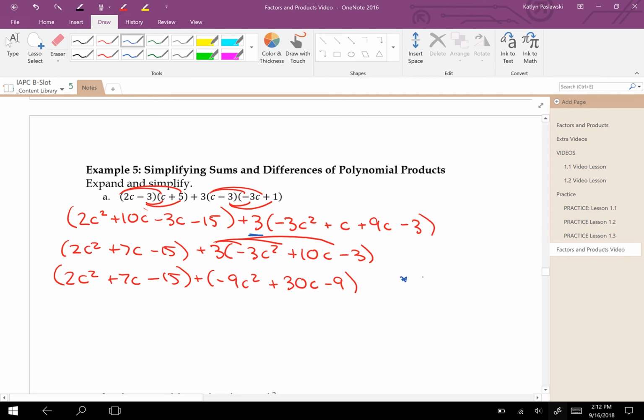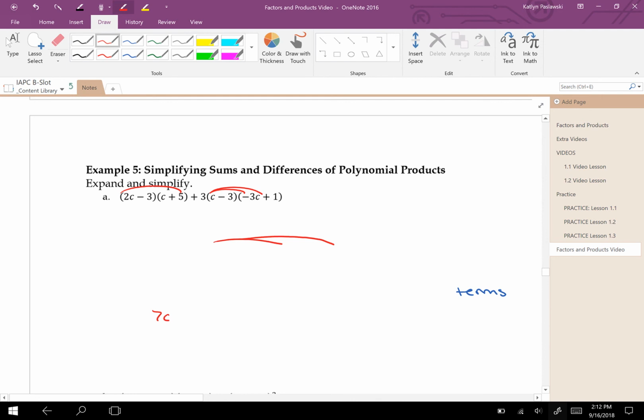Now I can combine like terms. So I have from the c squared 2 minus 9, so that's negative 7c squared. From the c, 30 plus 7 is positive 37c.